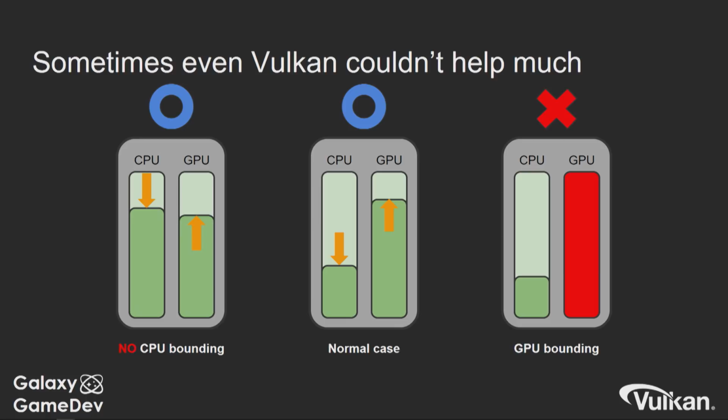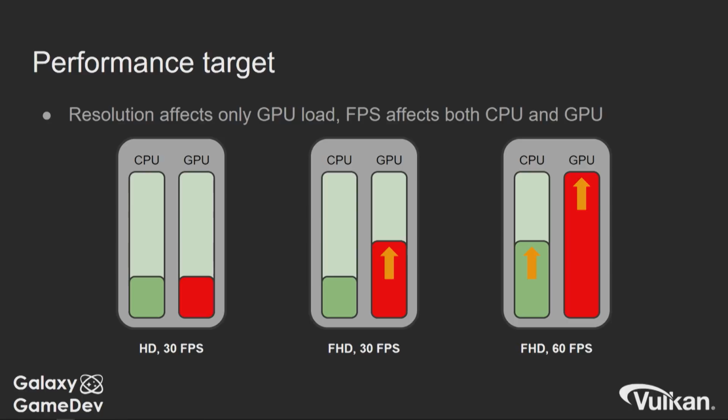And as game development is always kind of a trade-off between performance and quality, first of all, you should understand your performance target. So assume we have our game running in HD resolution with 30 FPS.